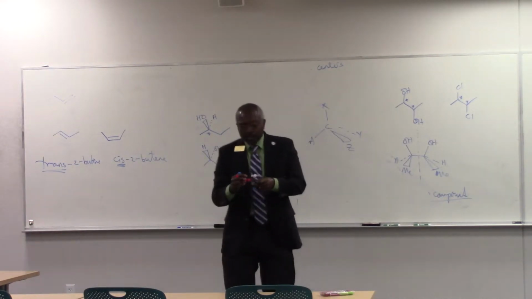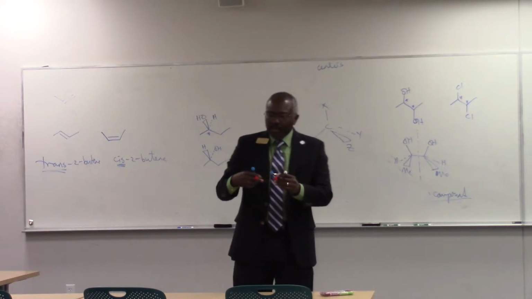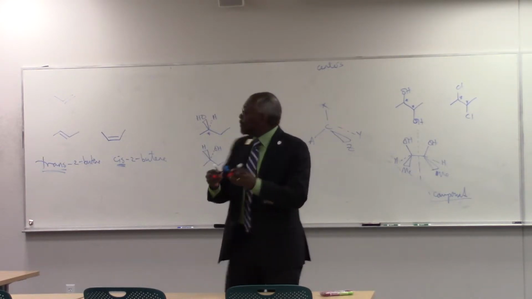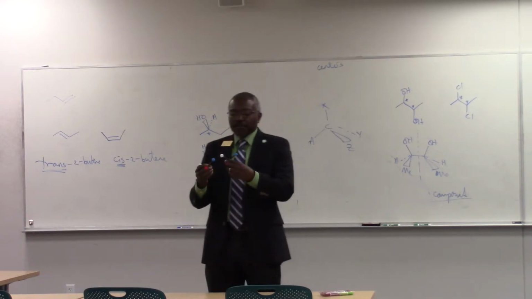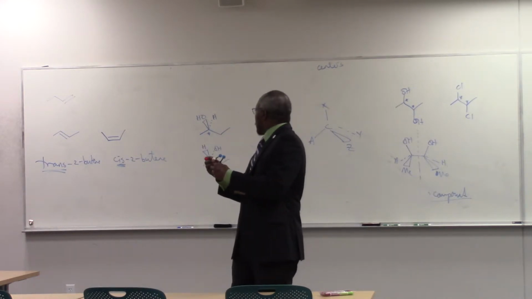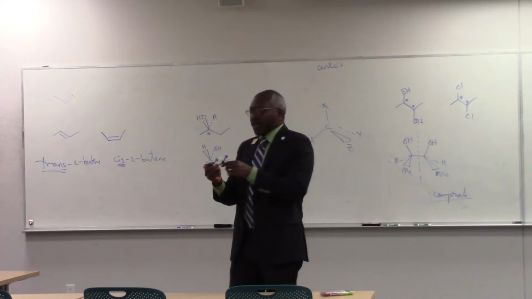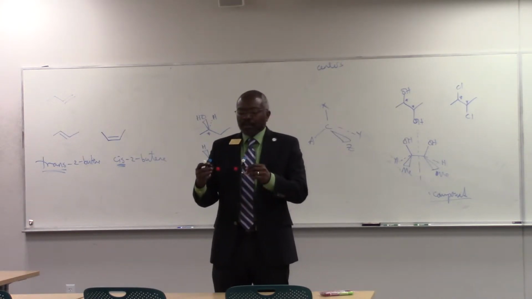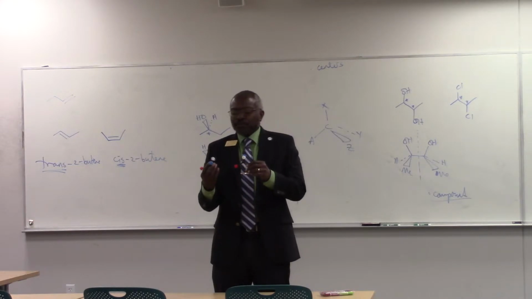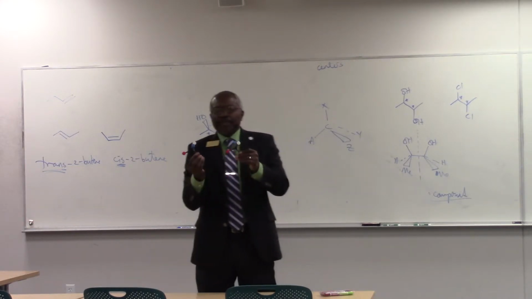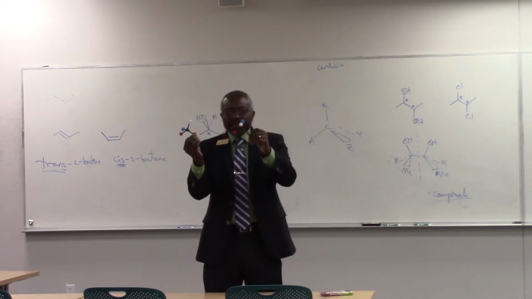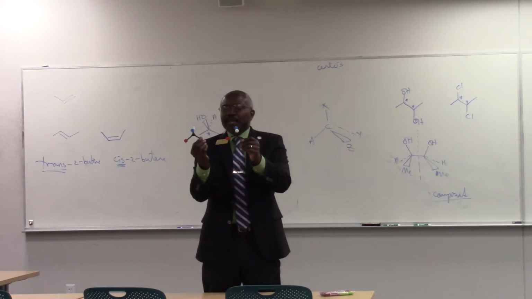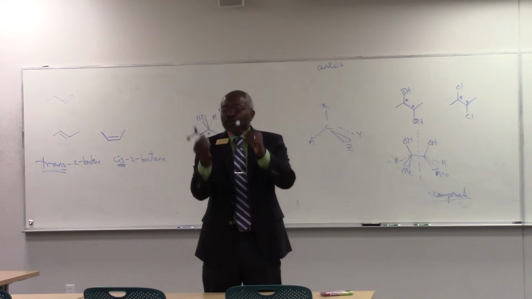So if I hold the molecule this way, so I fix the red, I'll hold it this way, so I have the blank on the right, the red on the left, in the plane of the page, plane of the board.